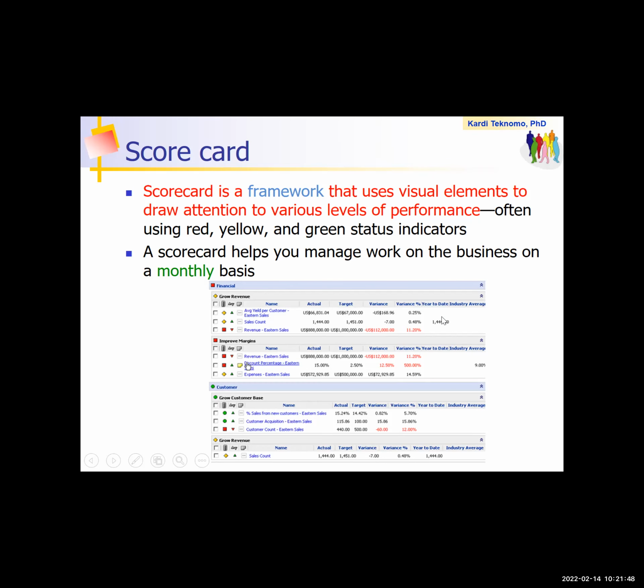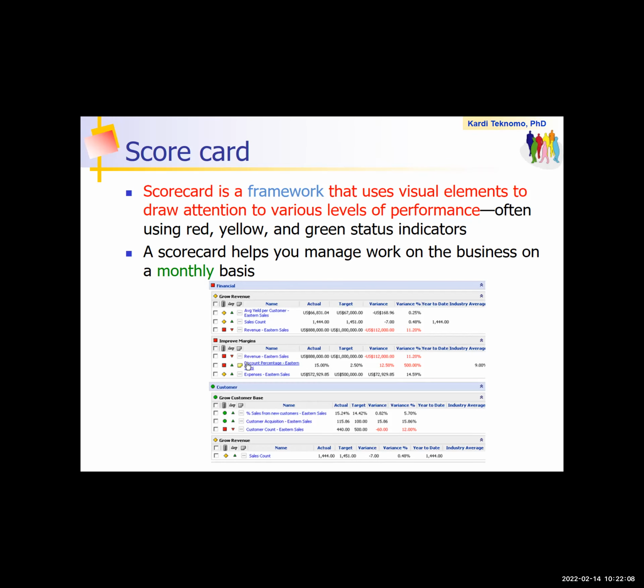And whether this is good or bad, you can check yellow, red, and green there on the left side. So this is an example. Using this scorecard, now you can start to manage your business.